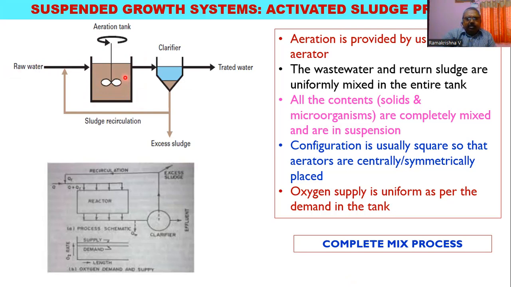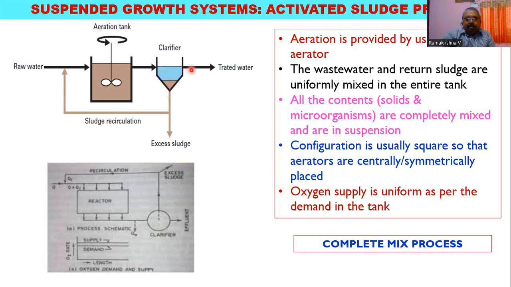Because all the solids and the wastewater are in total suspended mode, this particular process is called a suspended growth process. Another thing is that all the contents are totally mixed in this tank. That's why it's also called a complete mixed process. After the reaction is over in the aeration tank, the effluent coming out of this tank will enter a secondary clarifier where organic solids will settle down, leaving clear water above.